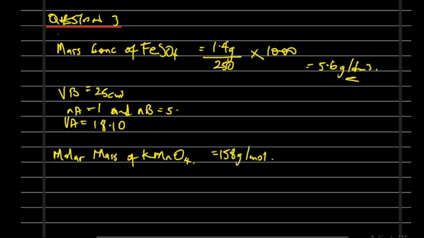The molar mass of iron, like we have calculated earlier on, is 152 grams per mole. Molar mass of the iron 2 sulfate, we have it to be 152 grams per mole. So now let's move to the question proper.